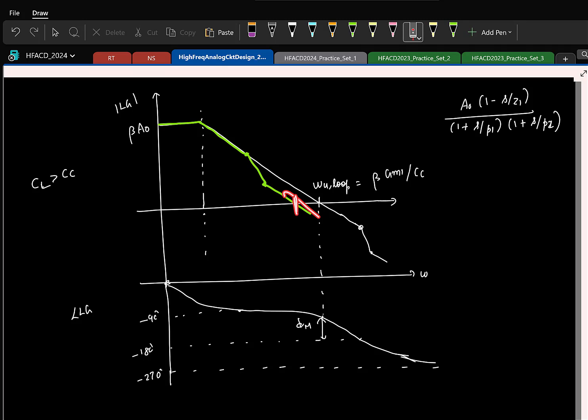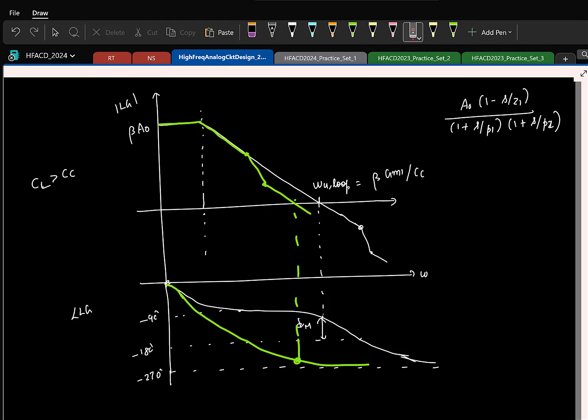Around the unity loop gain frequency, you should check the corresponding phase, right? And how do you think the phase will look? It starts to drop, but the second pole is occurring here, so it will do like this, right? It will drop much earlier. So here, what will be the phase margin? I mean, it's 0 basically. I mean, like negative, right? I've drawn it very badly, but something like this. Okay, so around this, we have very poor phase margin. So it is indeed unstable, right?